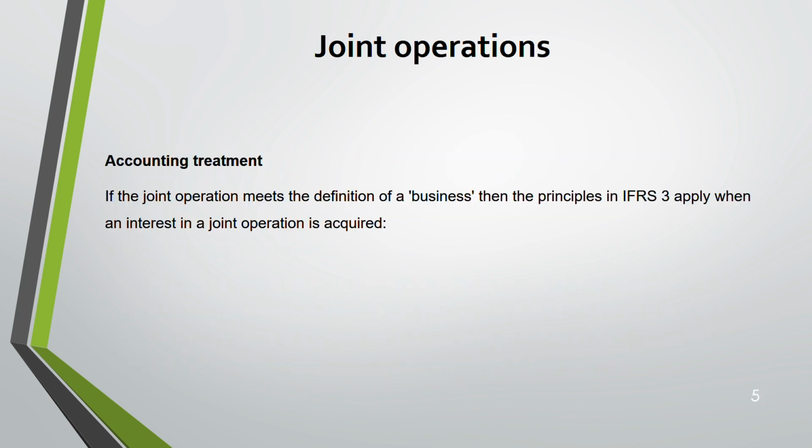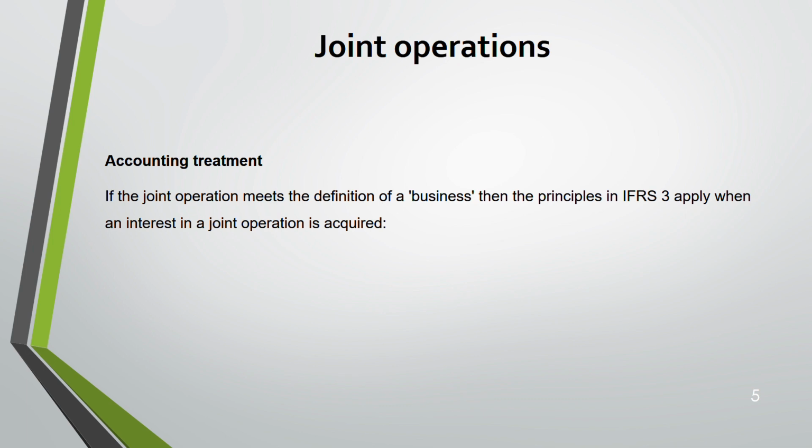Now, accounting treatment. You need to remember this. Accounting treatment is very important for any standard in SBR because this is where you will be tested in your exam. If the joint operation meets the definition of a business, IFRS 3 needs to be applied. IFRS 3 we have already covered. It is business combination.